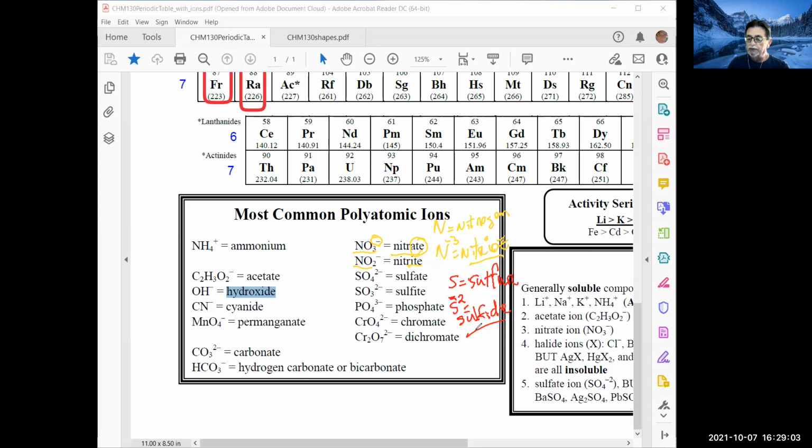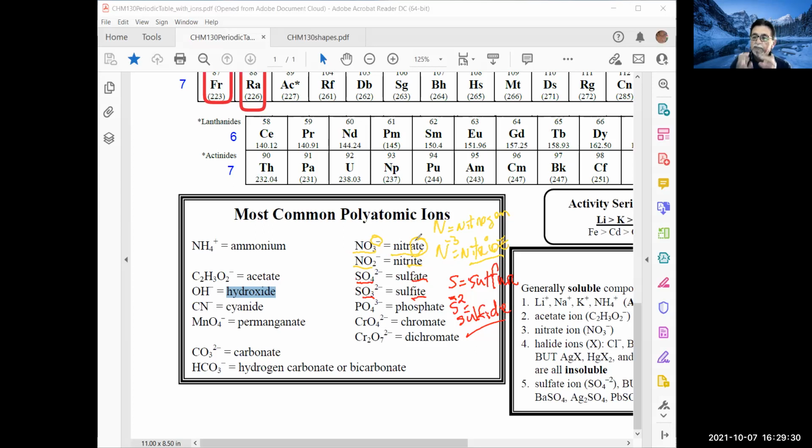Then bonded with it are oxygens, and we create what is called a sulfate. Specifically, sulfur has 4 oxygens bonded to it, and the overall moiety has a -2 charge. It's an ion, specifically an anion. If it has 3 oxygens, it's called sulfite. That is the naming for these polyatomic ions.